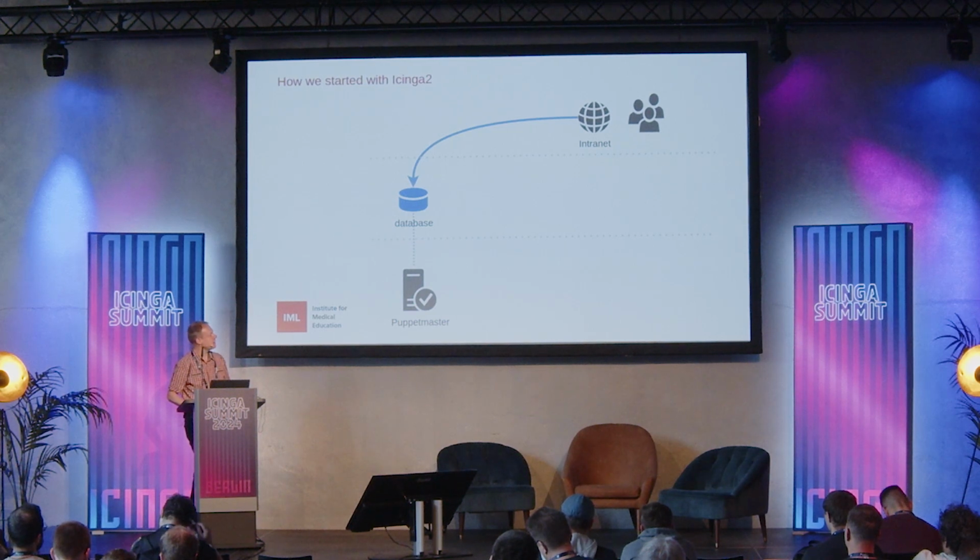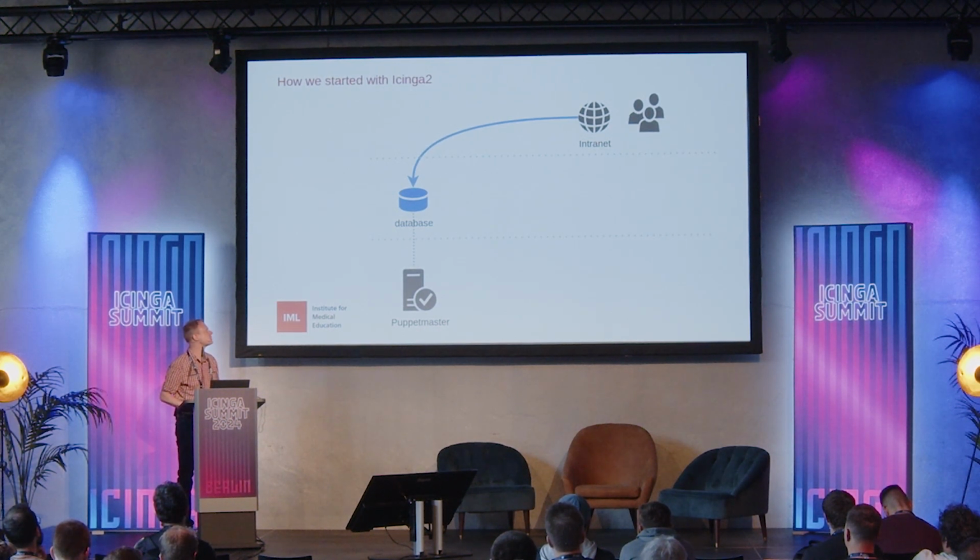We have an intranet that we built up, and there is a kind of user portal. There the users can set a password, upload their SSH key, and see the applications they have access to. That information from the intranet was stored in the database of the intranet server.